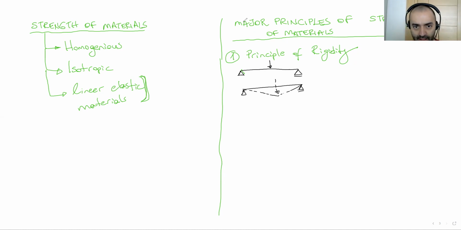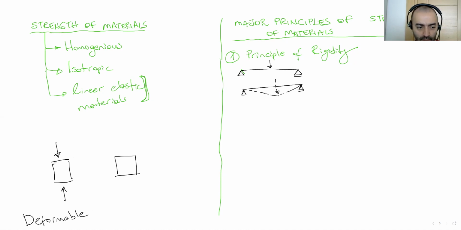Let me draw a sketch here. Here we have a box, one more box here. If we have a deformable member, our member will get squeezed here and its size will change. But for the rigid members, we apply this loading, no deformation.